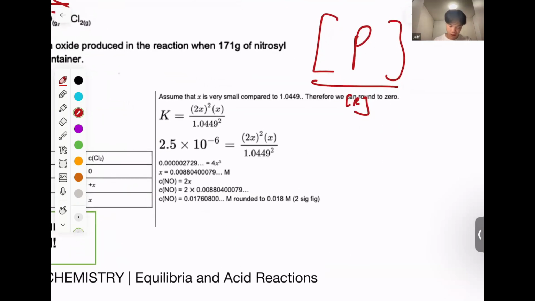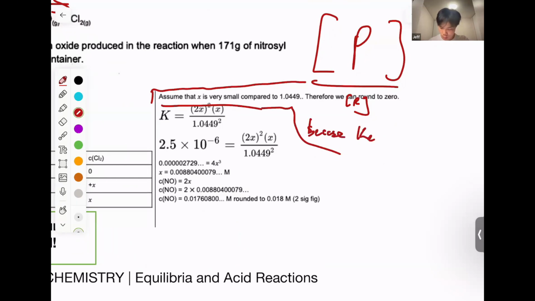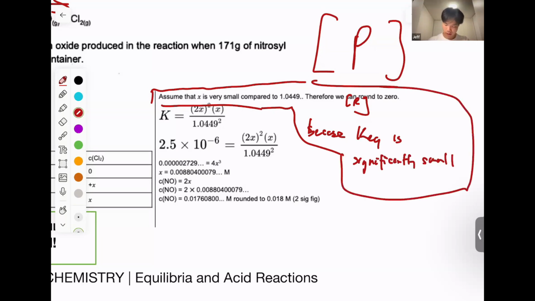Something like this: assume that X is very small compared to this, because, as you said, KEQ is significantly small. And typically being significantly small means that your KEQ is less than 10 to the negative 4, typically speaking.